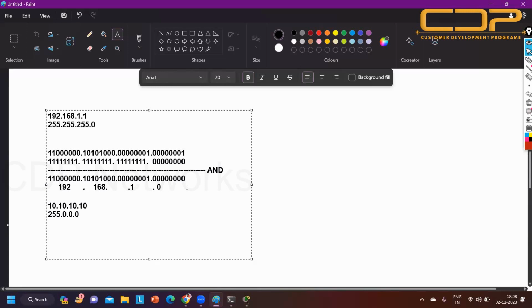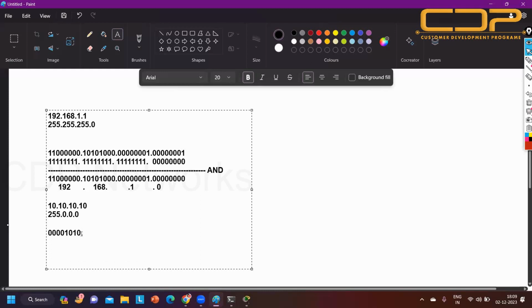10.0.0.0. See, if you multiply this 10 with 255, which means all bits are 1, you will get the same value. But when you multiply the second octet value with 0, that value will be 0. Here also the value is going to be 0, and here also. You can try it. You can convert 10 into binary, 00001010.